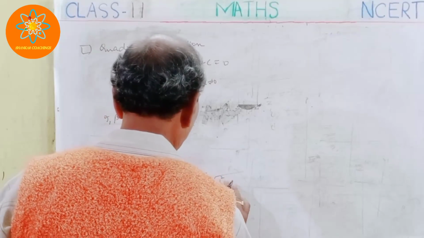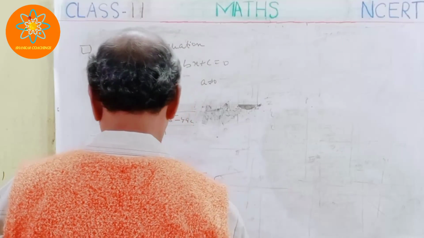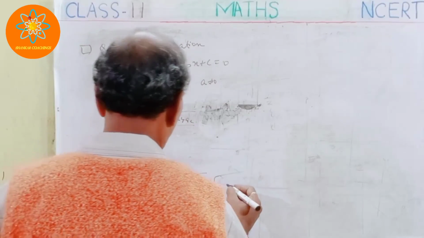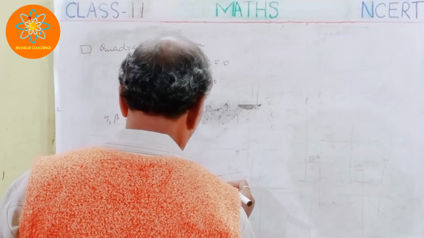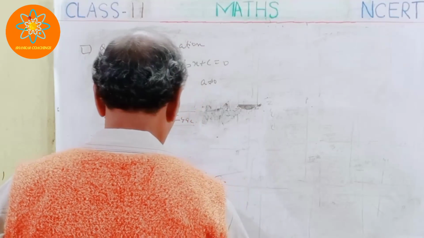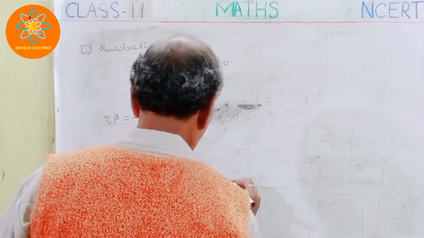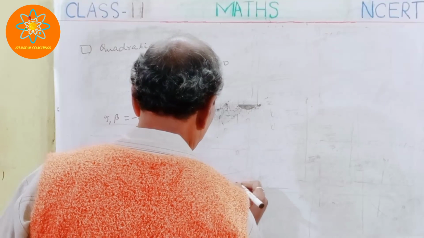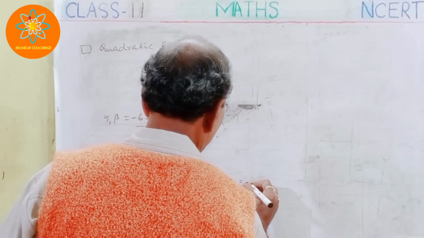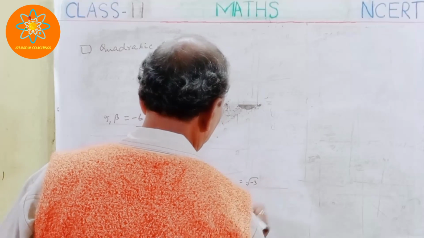B square is 1, minus 4 into a into c, so 1 minus 4, which is equal to root of minus 3.